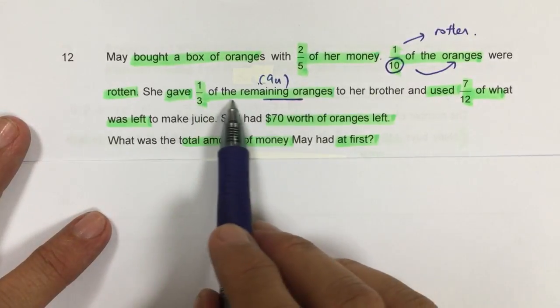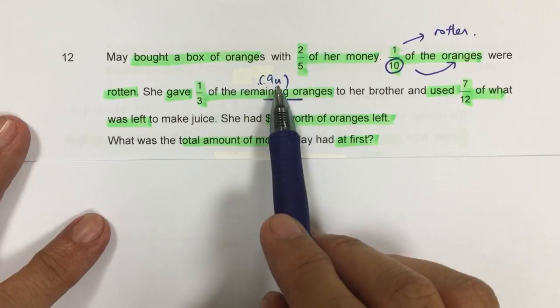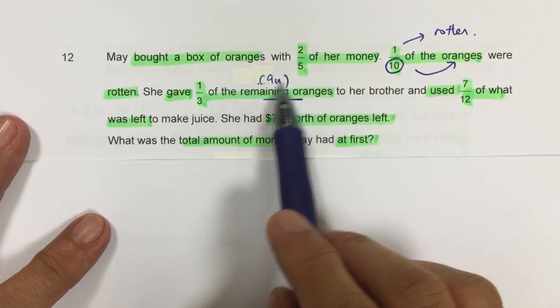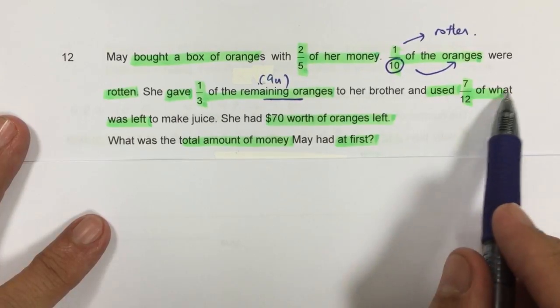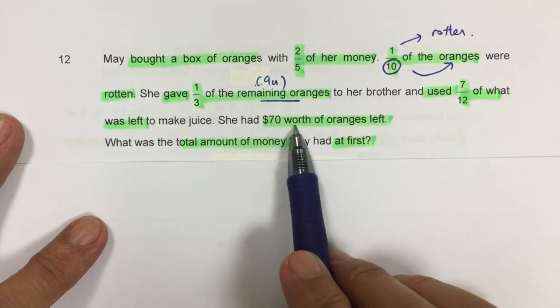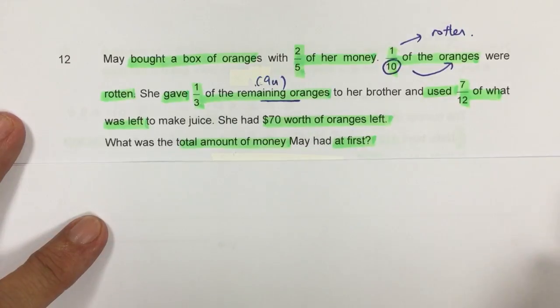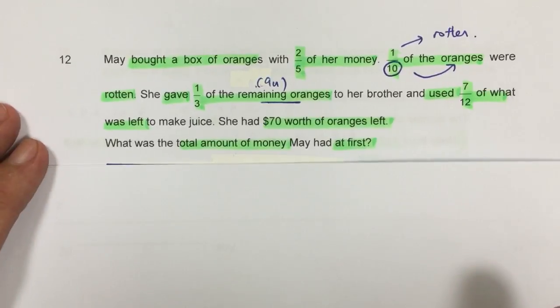She gave 1/3 of the remaining oranges. So if 1 unit is rotten, the remaining will be 9 units, correct? And used 7/12 of what was left. She had $70 worth of oranges left behind.